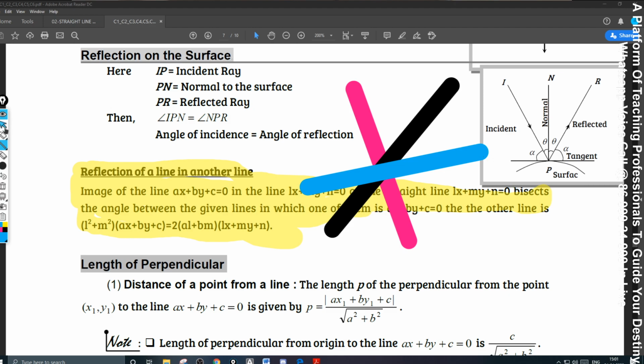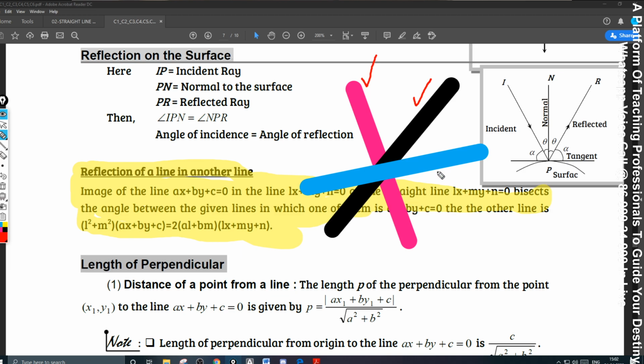So, if you see the data properly, the image of the line ax plus by plus c equal to 0. This is the line whose image is taken, and the mirror line, I must say, is lx plus my plus n equal to 0.